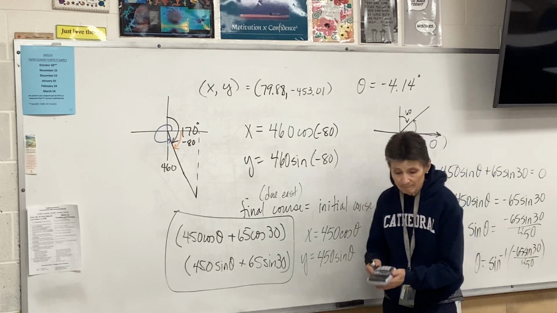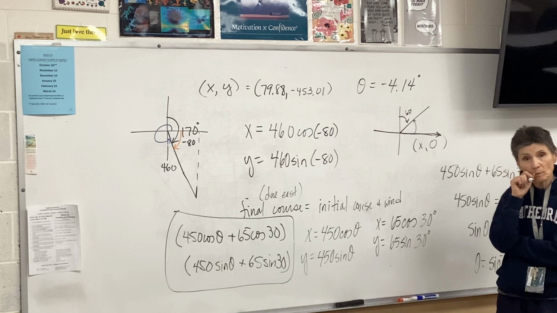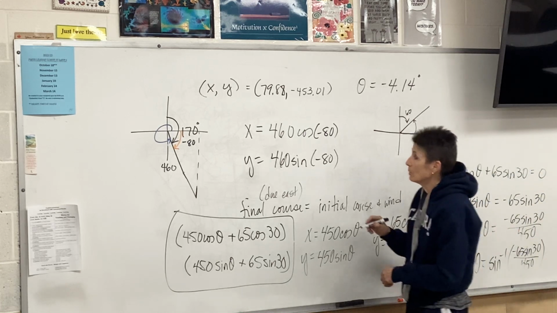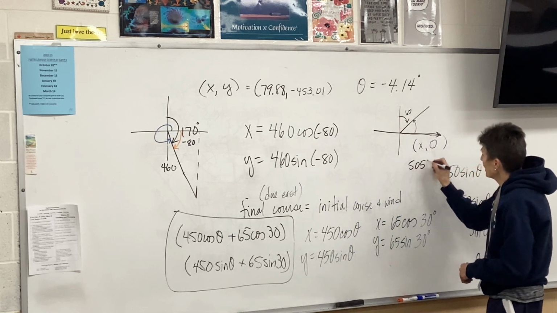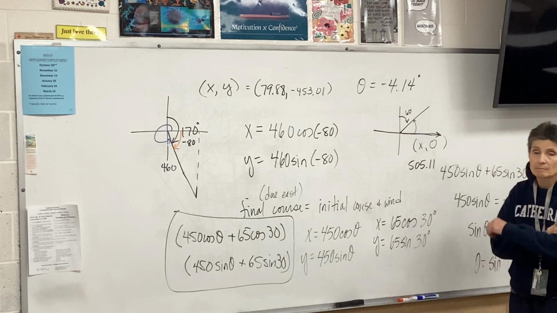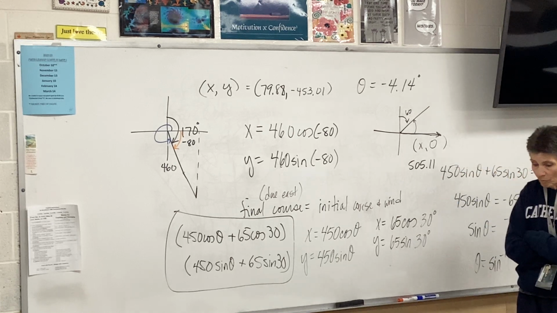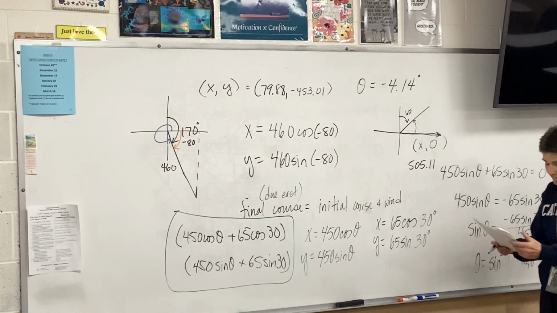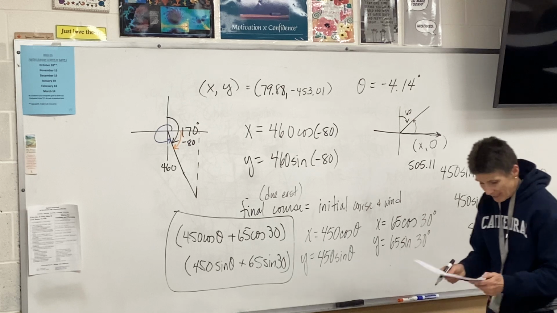And what's her speed? What'd you come up with? I hope you came up with 505.11. So her x coordinate is 505.11. And her angle is negative 4.14.